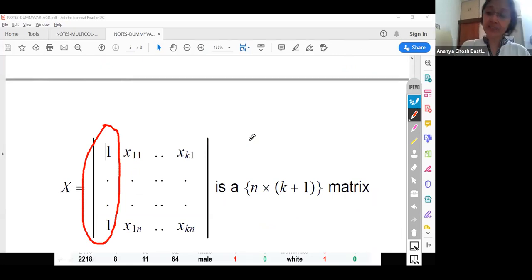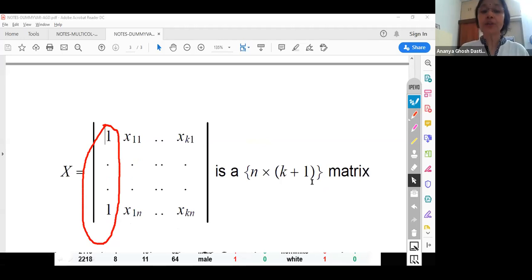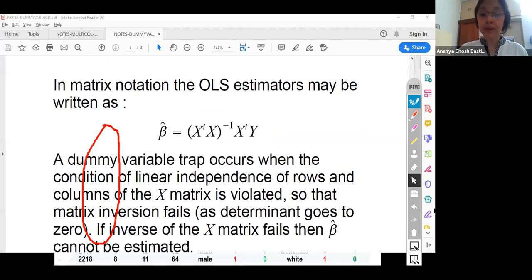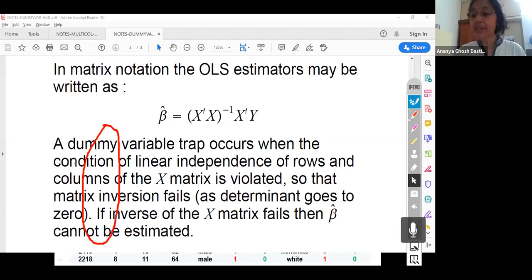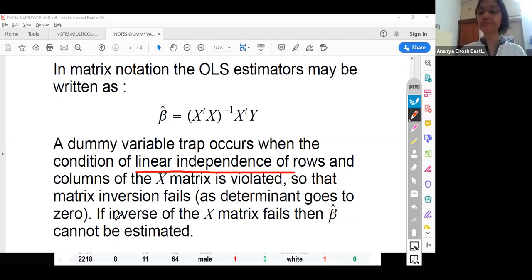And that is a very problematic case because then the condition of linear independence of the rows and columns gets violated. You will be violating the condition of linear independence of rows and columns of the X matrix.